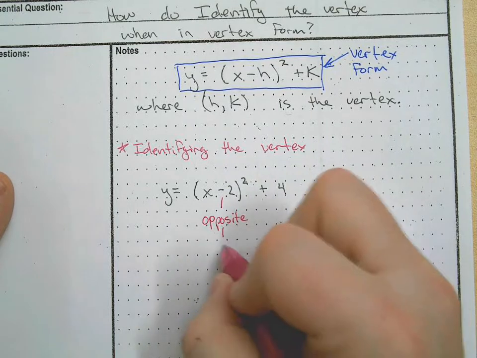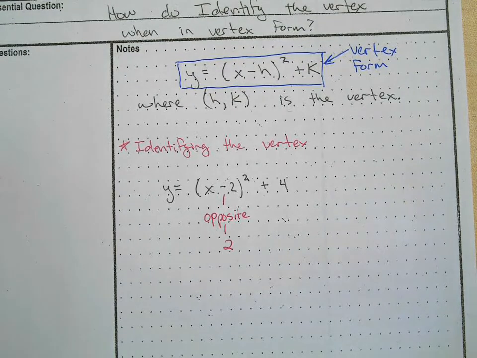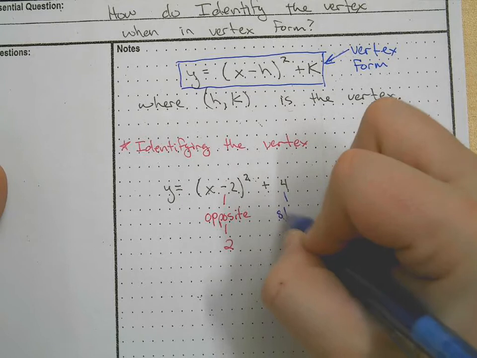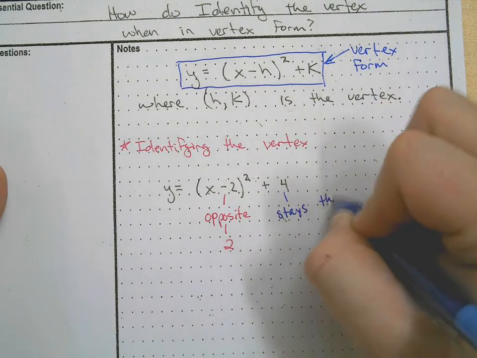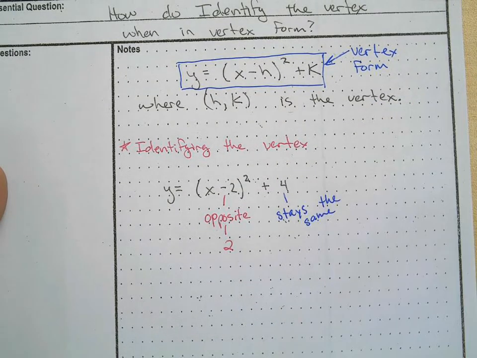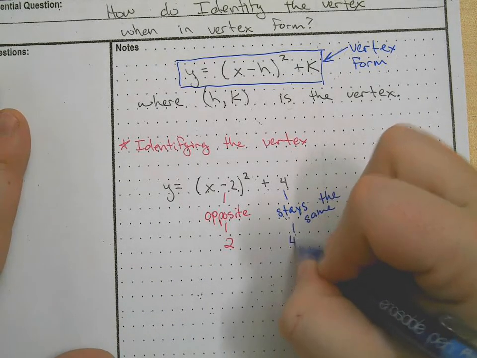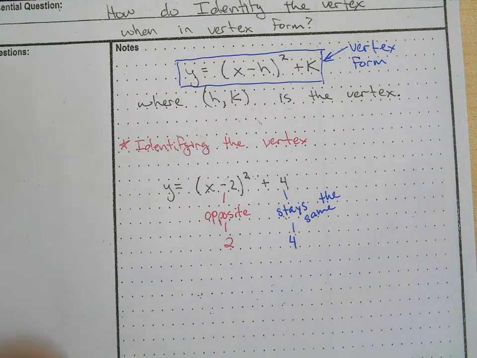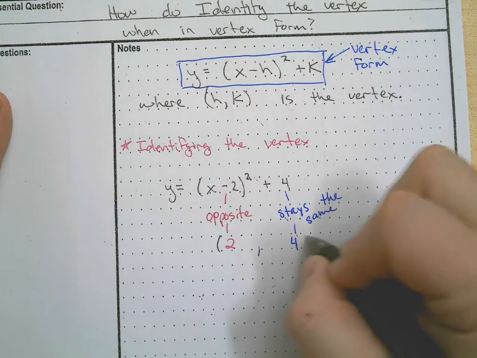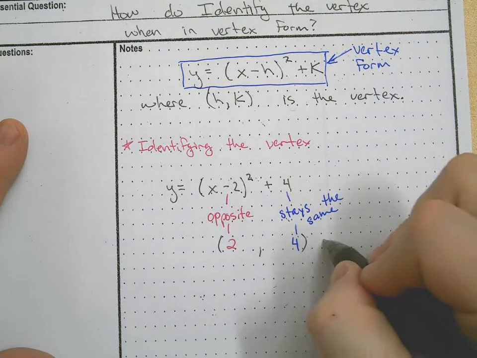So if it's a negative 2, it becomes a positive 2. The value on the outside stays the same. So it's a 4. And then that is my vertex.